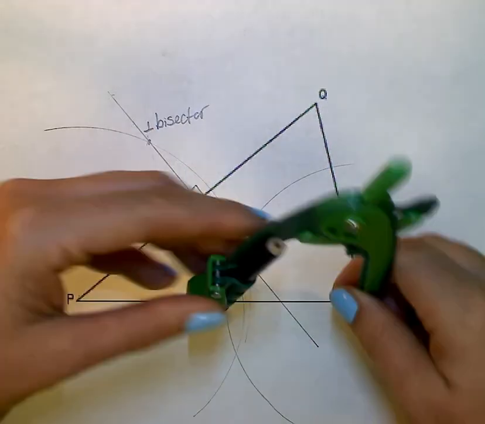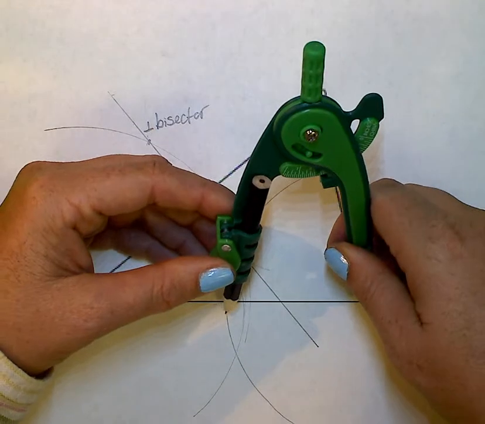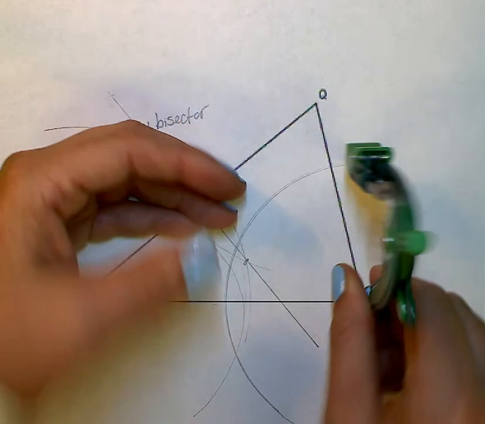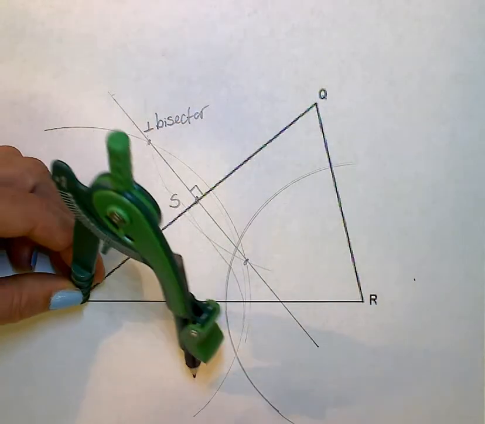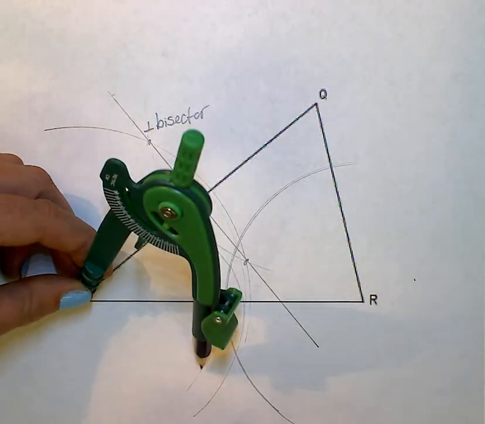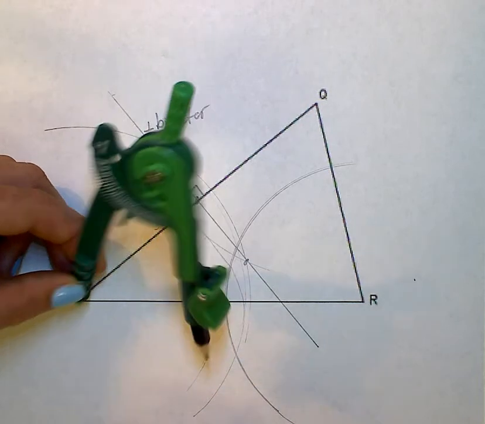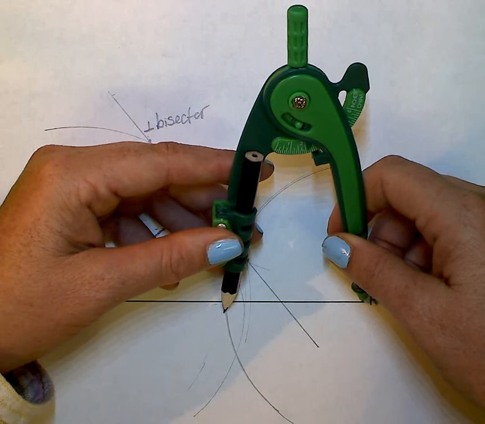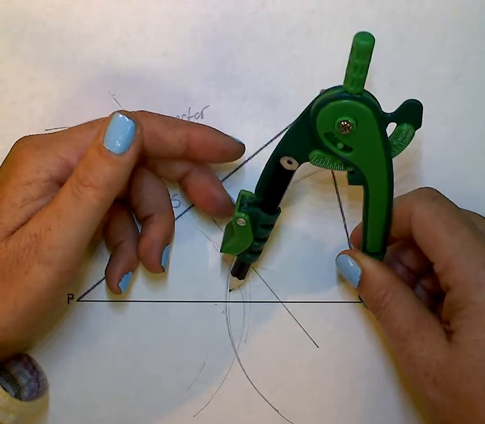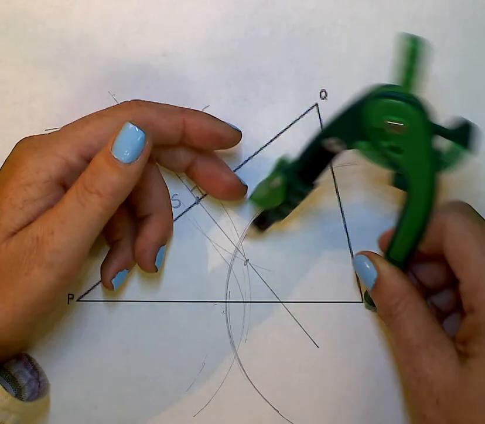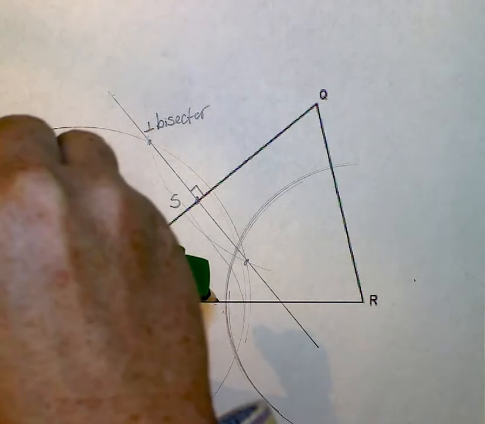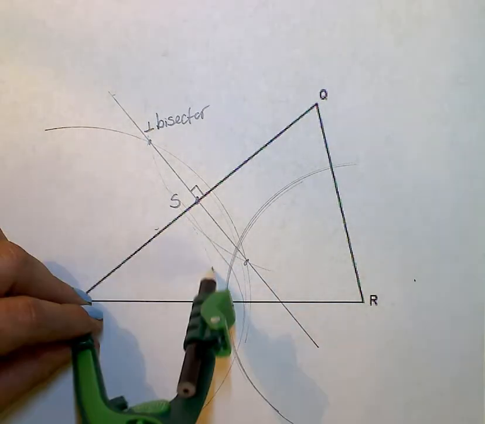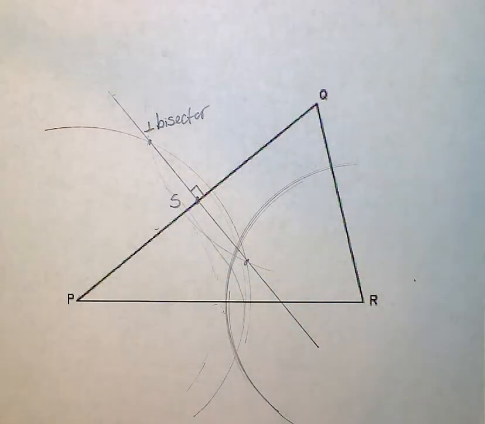My compass is sliding, so I'm going to double check my distances here. Okay, I didn't get past the midpoint.